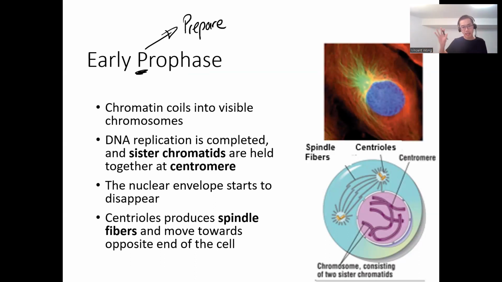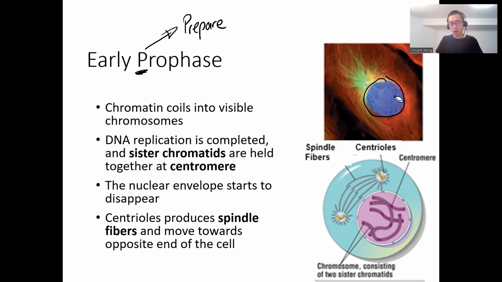By this point, you have already copied all the DNA. DNA replication has already been completed. Remember, the replication happens during the interphase, not during the actual mitosis. If you take a look at the nucleus, you can see the outline of the individual chromosomes.